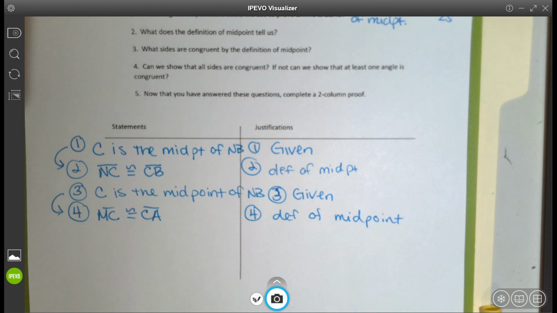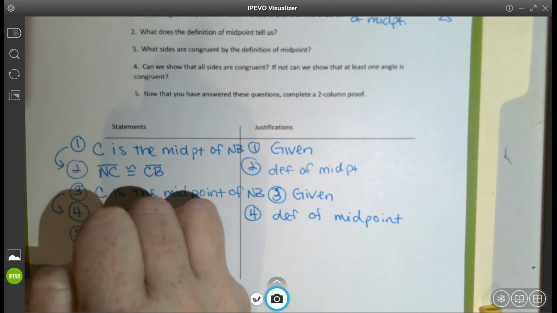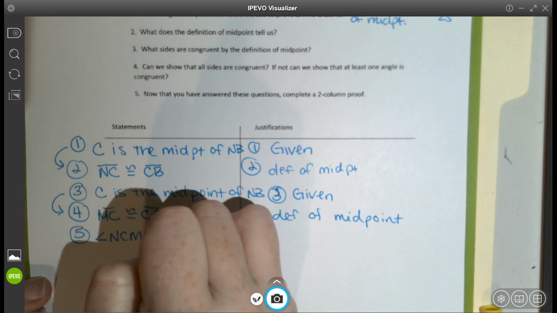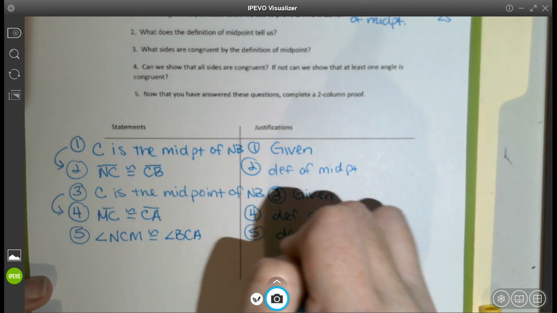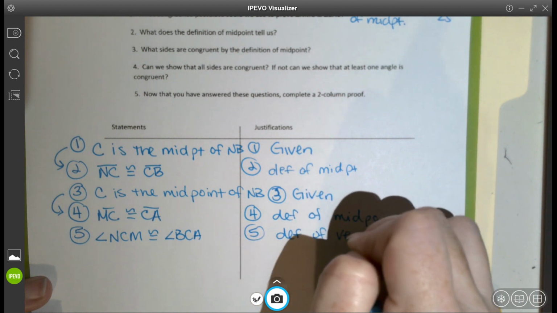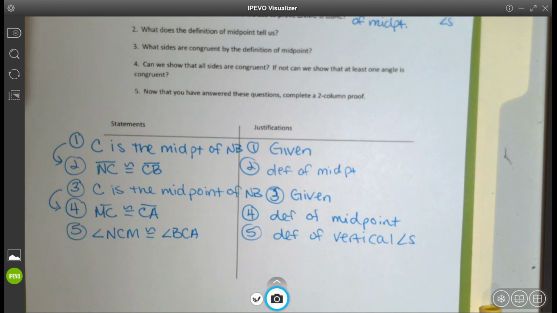So now I'm going to put whatever we found outside of the given. And the last thing we found was the vertical angles. So we have angle NCM is congruent to angle BCA, and that was definition of vertical angles. Right? One more step.